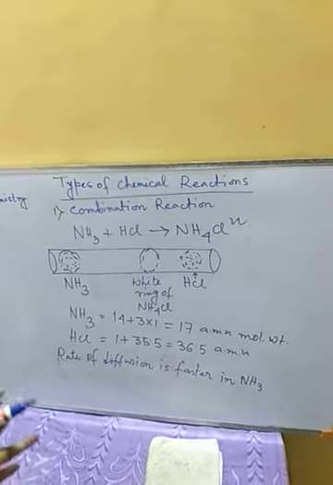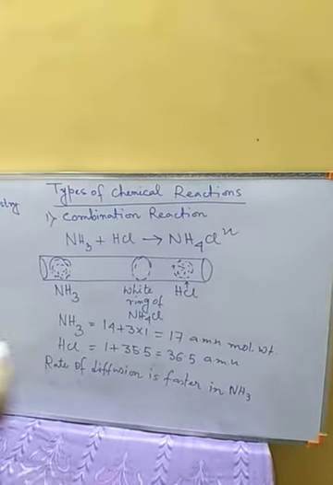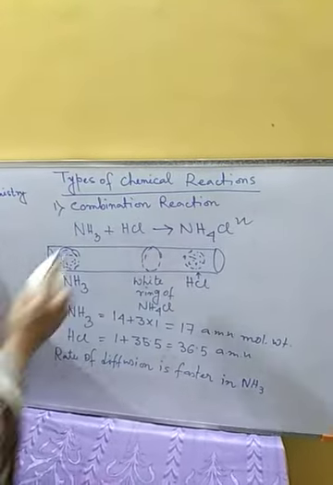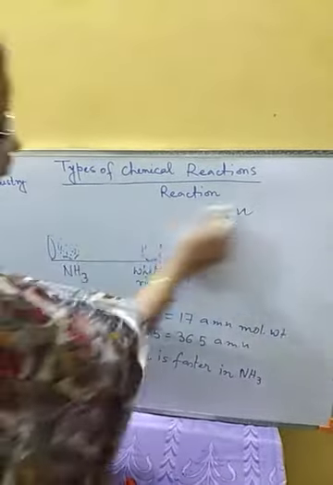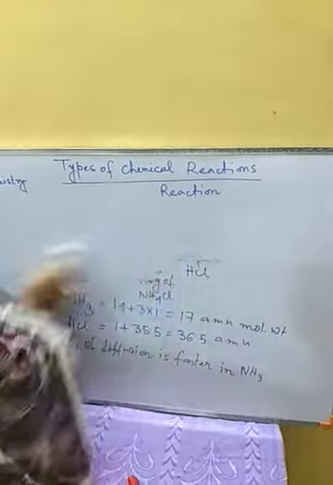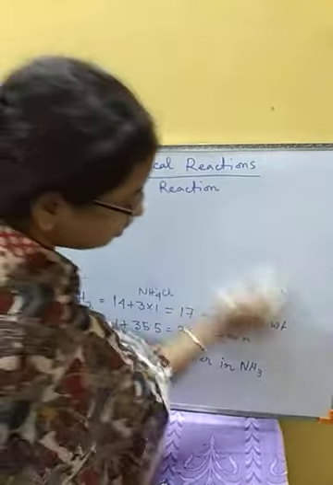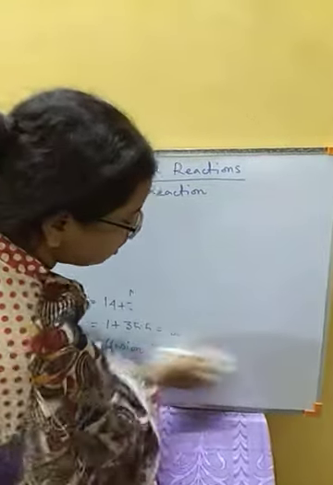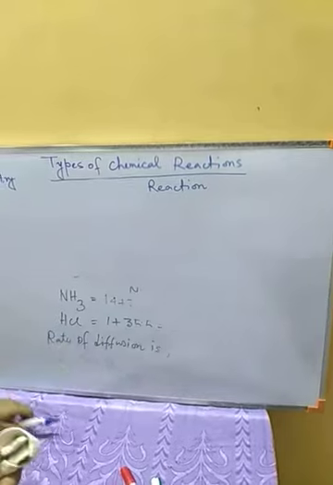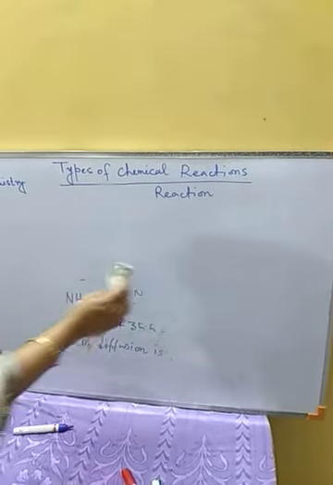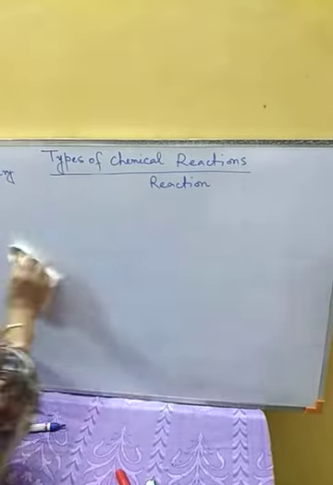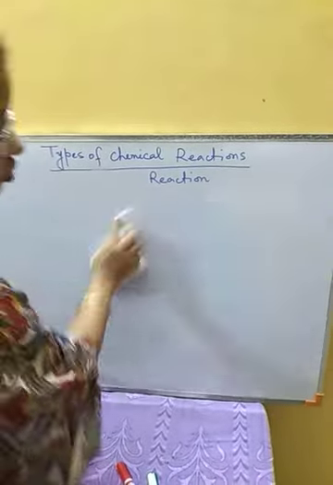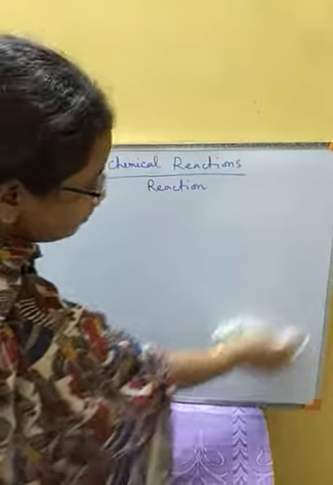Now the second type of reaction which we are going to discuss today is decomposition reaction. This is just opposite to combination reaction or synthesis reaction. Decomposition, by the name only you can understand, a substance will decompose or break down to produce two or more substances.